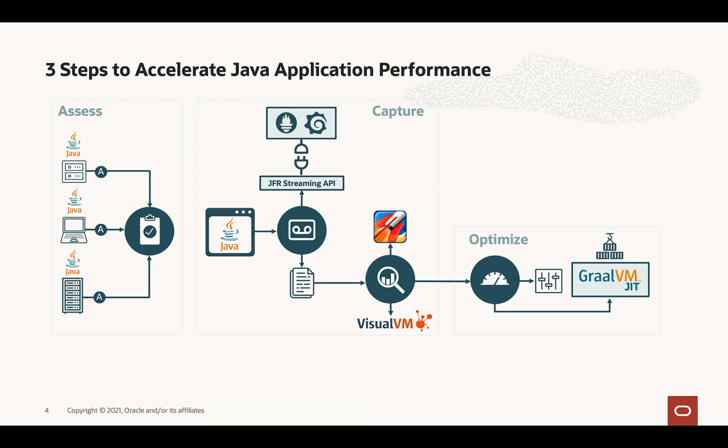GraalVM has a high-performance optimizing compiler that accelerates application performance by up to 55% without any code changes. That's right. You can simply point your JAVA_HOME to your GraalVM installation and instantly see improved performance.